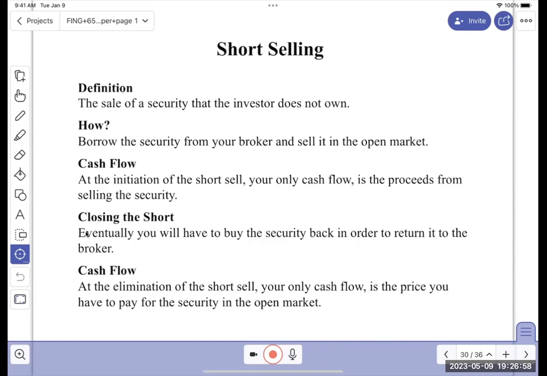And then when it comes time to return the borrowed T-bill, the investor has to buy it on the open market to return it to the broker. That's the process. Now, you might have heard about short selling in the context of short selling assets.